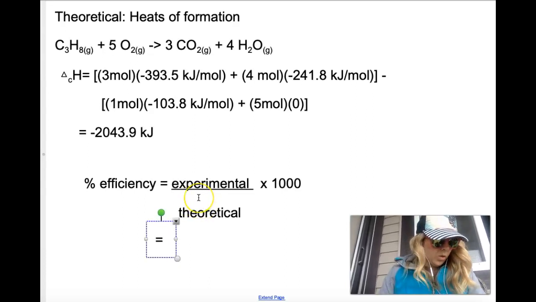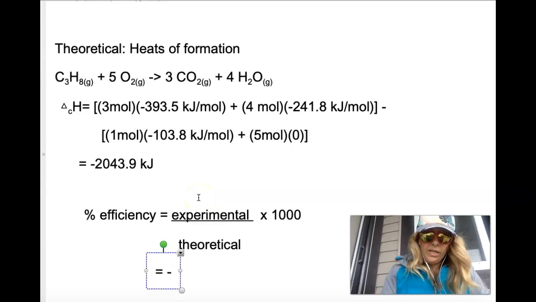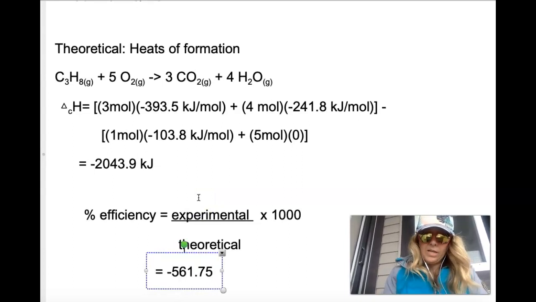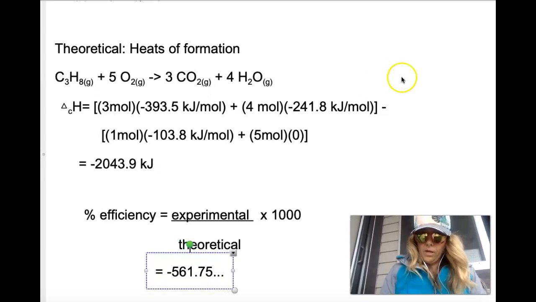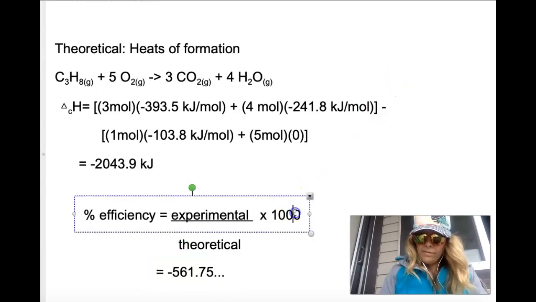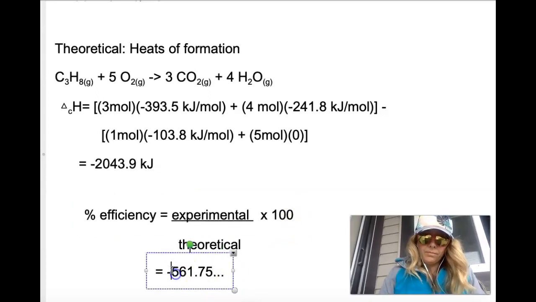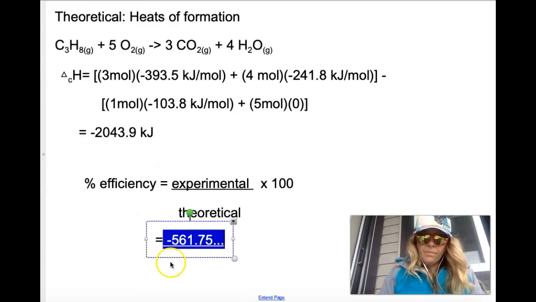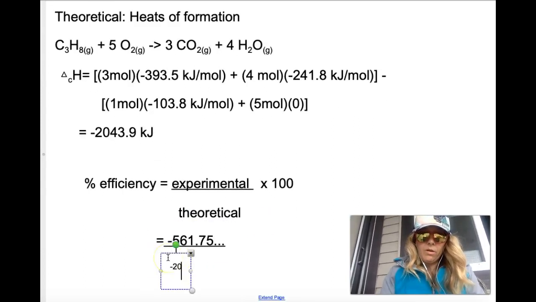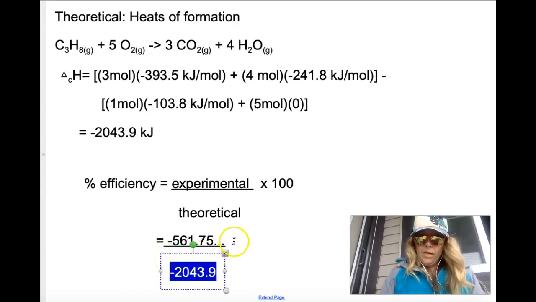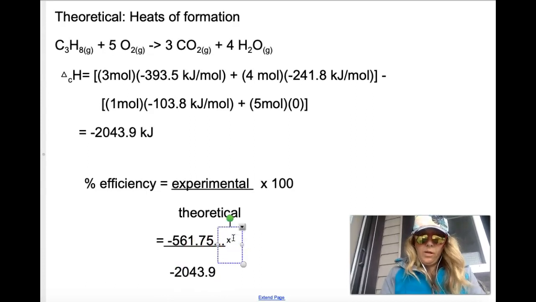So it's going to equal, what did we have? Negative 561.75, and that kept going. No, whoa, why did I write 1,000 here? That should definitely not be 1,000, should be 100. Sorry about that. Okay, so this is all going to be divided by the theoretical, which we calculated as 2043.9. And then obviously we have to times by 100.